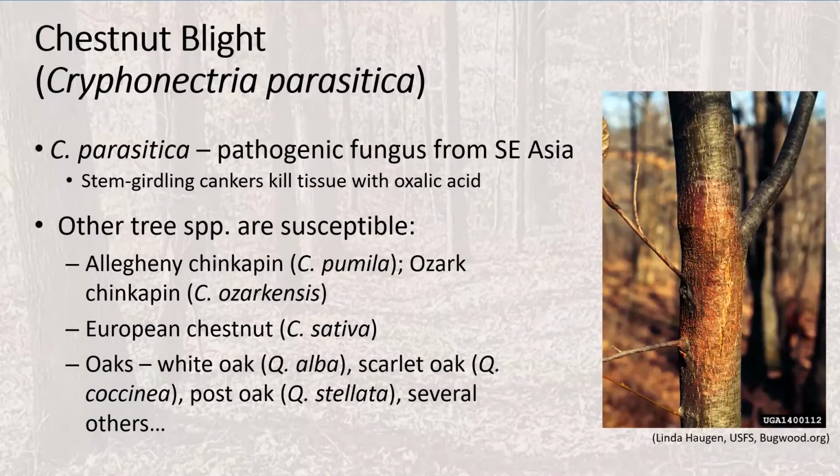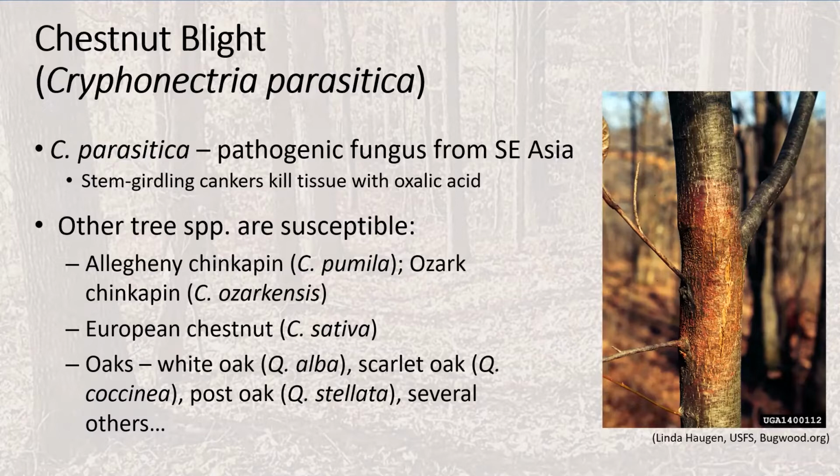But at a certain point, a pathogen from Southeast Asia was introduced in the US. We refer to the disease as chestnut blight, if you haven't heard of it. On chestnuts, it resulted in stem-girdling cankers that would kill the tissue.